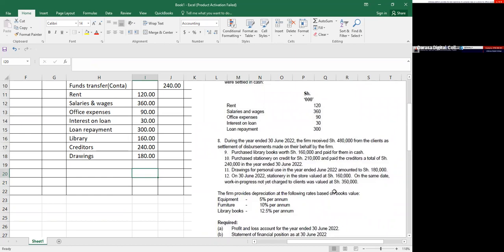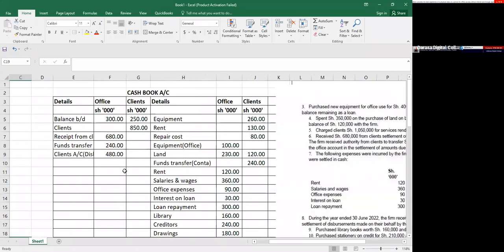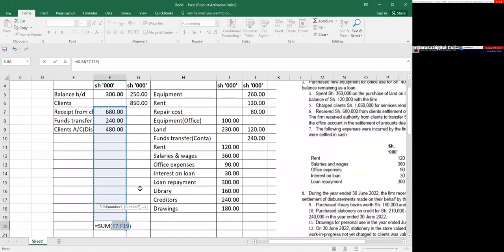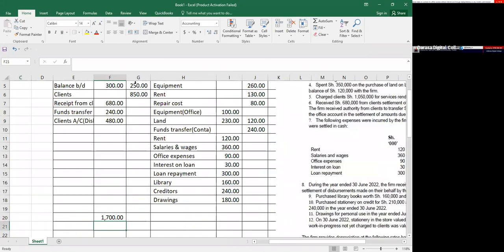So that will not affect our cash book. Therefore, on the cash book, I think we are done. So we can close our cash book and see the balances that we'll be having to determine the balance going down. So that is 1700, I'm getting there.